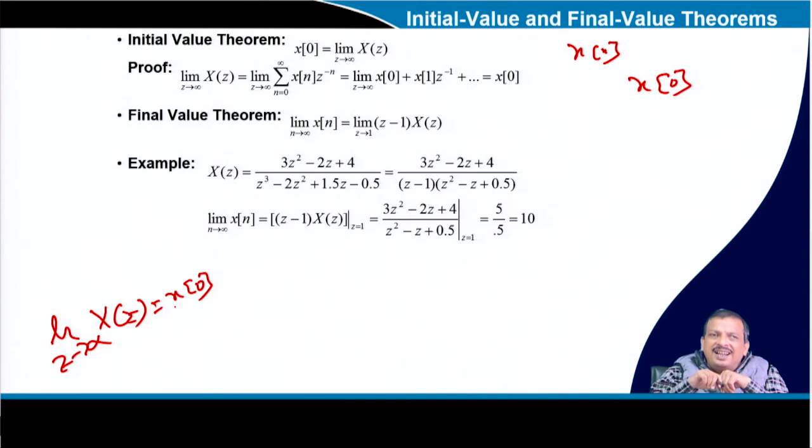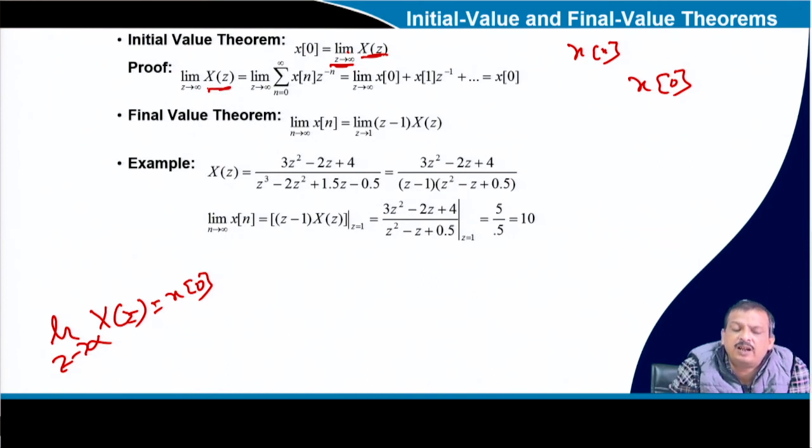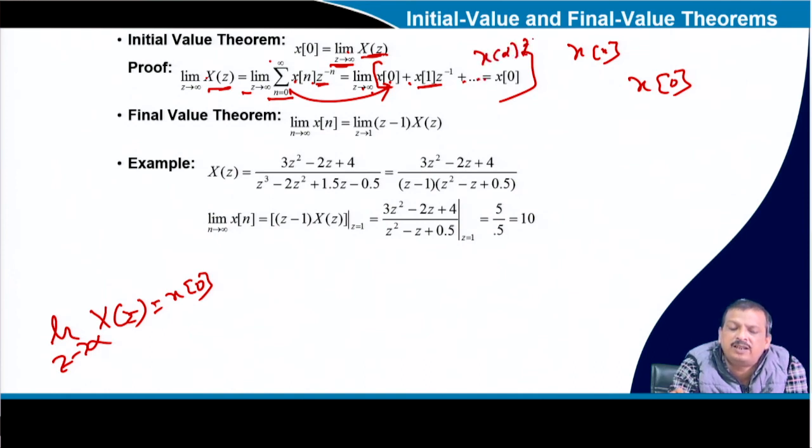How do you do that? Now, x[0] is equal to the limit z tends to infinity of X(z); you get the initial value. What is the proof? The limit z tends to infinity of X(z), where X(z) is the sum for n equal to 0 to infinity of x[n] z to the power minus n. Now, you can break down the series: limit z tends to infinity of x[0] plus x[1] z to the power minus 1, and so on, up to x[infinity] z to the power minus infinity.